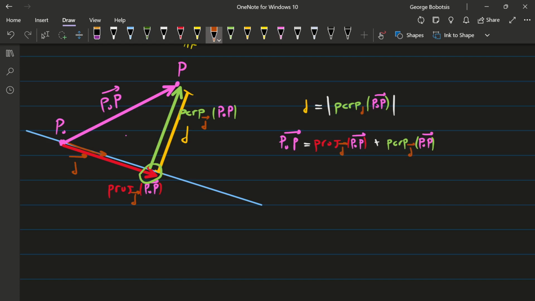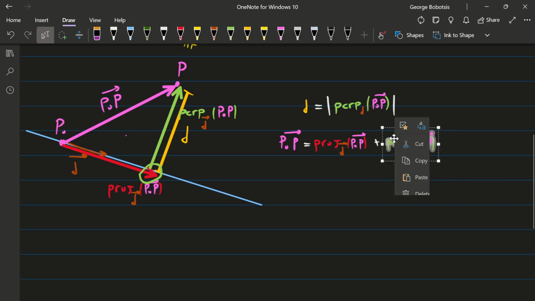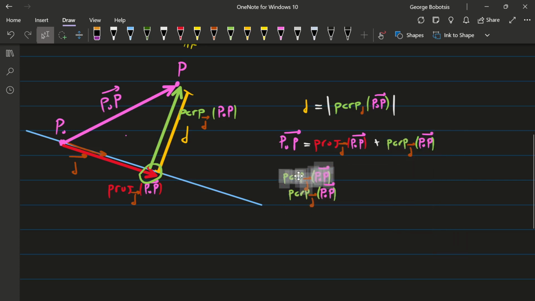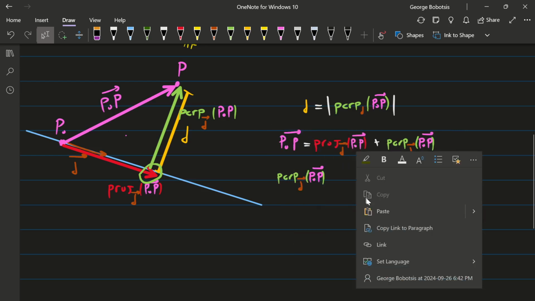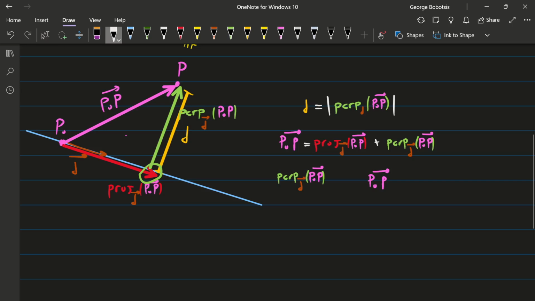So if I wanted, of course, here Chavi, to isolate for the perp, I could get it by having this P naught P vector on the other side, and then subtract the projection. Just move this on the other side, basically, the projection on the pink side. That's it.